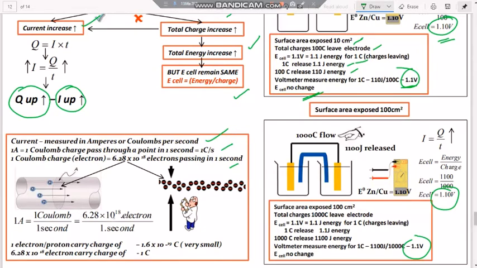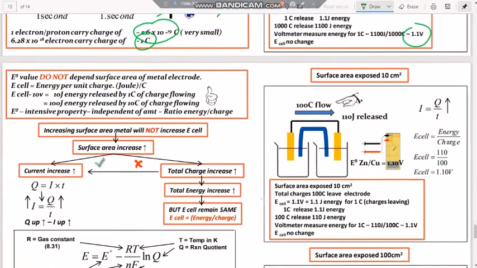Substituting the coulomb value, the charge of 1 electron is minus 1.6 into 10 to the power of minus 19 coulomb, which is very small compared to the other values. So that means 6.28 into 10 to the power of 18 electrons carry 1 coulomb. That's the meaning of it.